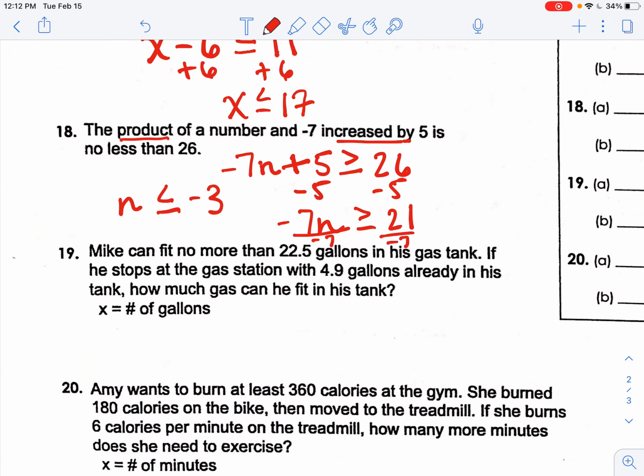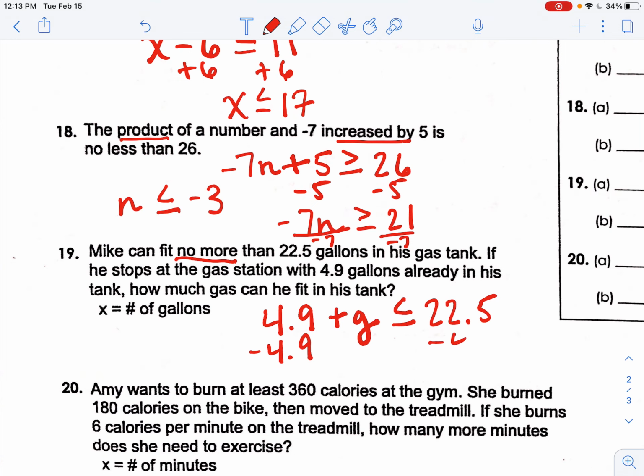Number 19, Mike can fit no more than 22.5 gallons in his gas tank. If he stops at the gas station with 4.9 gallons already in his tank, how much gas can he fit in his tank? So he's already got 4.9 gallons. He's going to put more gallons in there, but if he can fit no more than, then that total amount has to be less or equal to 22.5.